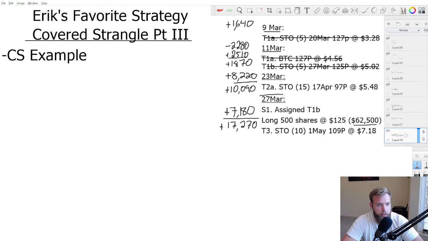This should be the Monday following. This is just when this position was assigned, which is why I started that there. But on that Monday is when I kind of considered the settlement assigned, and really, more importantly, the second position that I added on. So to be very clear, these 27 March 125s, they were assigned over the weekend. So really 28 March is when it would have settled.